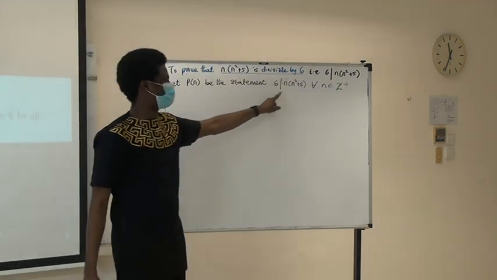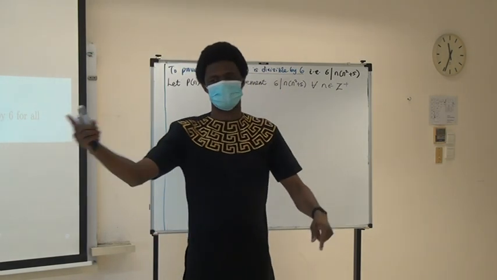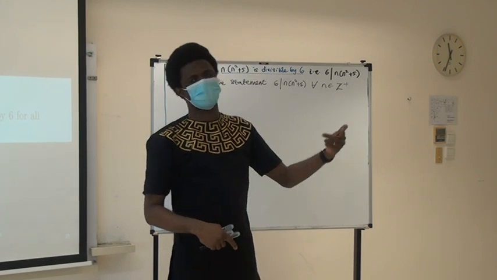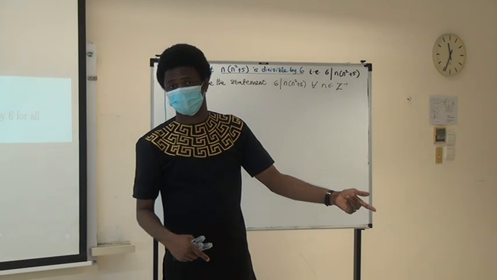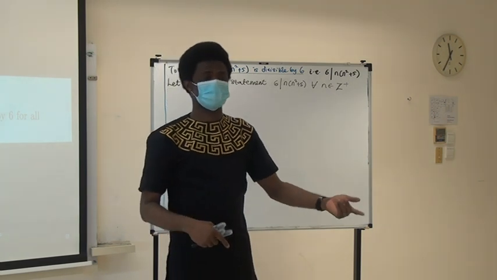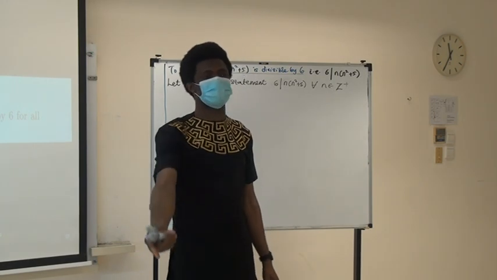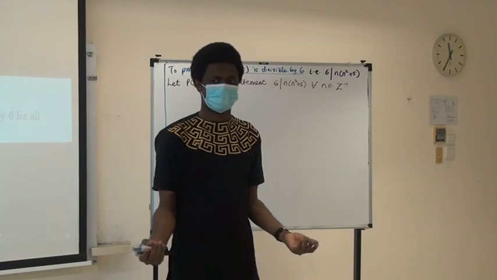Again, this means divides. 2 divides 8 means 8 is divisible by 2. 3 divides 15. Do you agree that 3 divides 15? 3 divides 15 means when you divide 15 by 3, there's no remainder. 3 goes straight into 15. 3 can be factorized out of 15, basically.